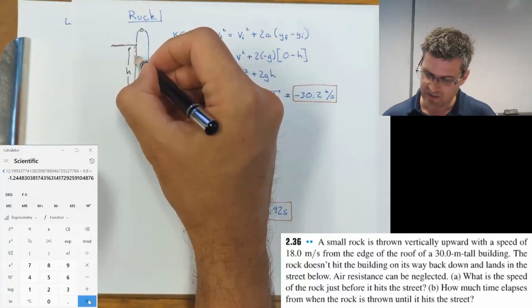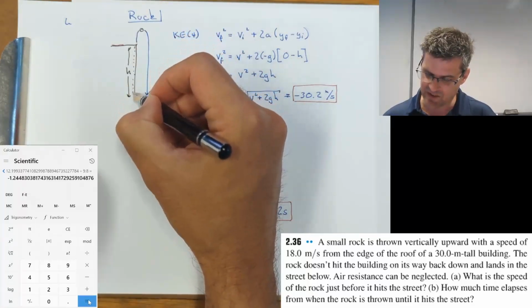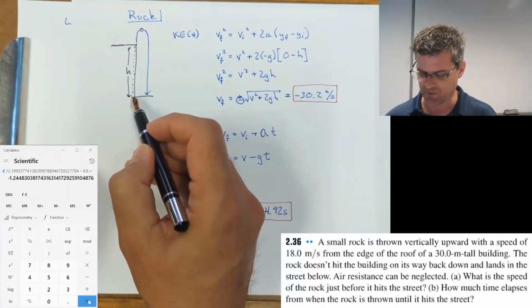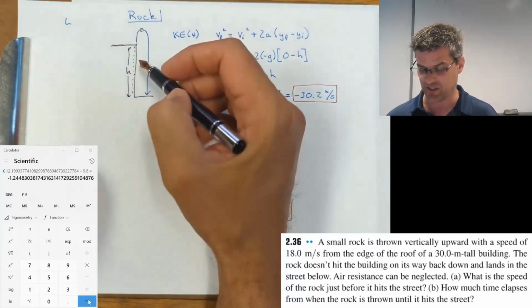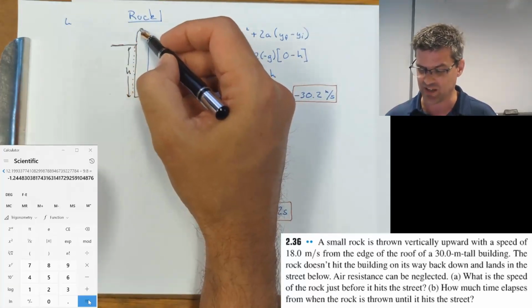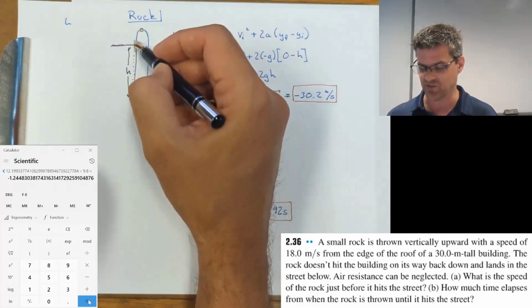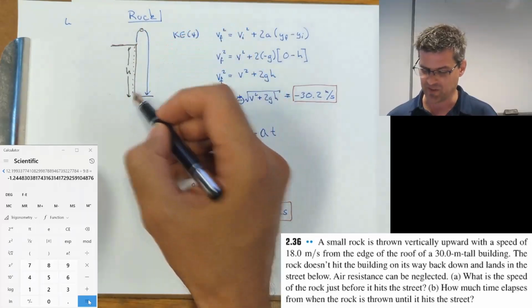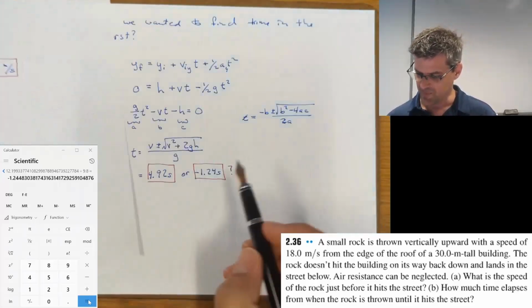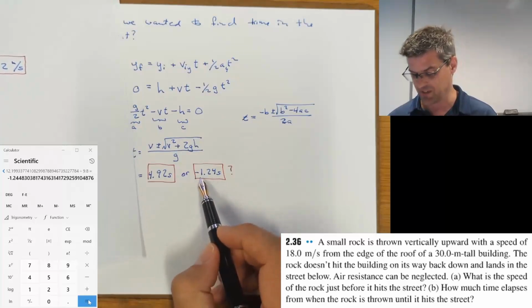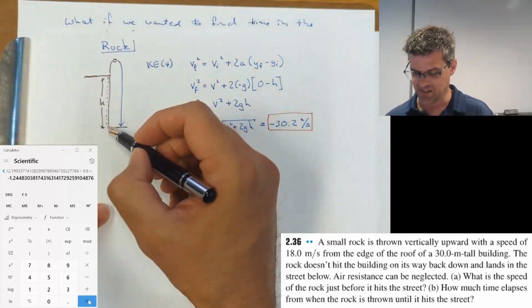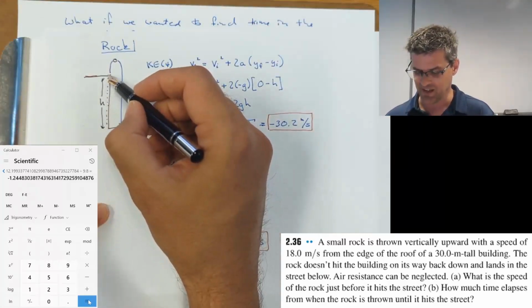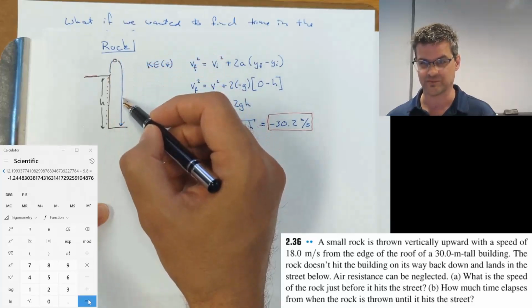But what if we had started earlier, thrown the rock from the ground at some earlier time and tried to recreate this trajectory over here? It would have taken us 1.24 seconds to get from the ground to here, and then the problem would resume.